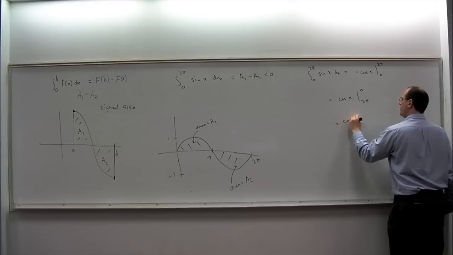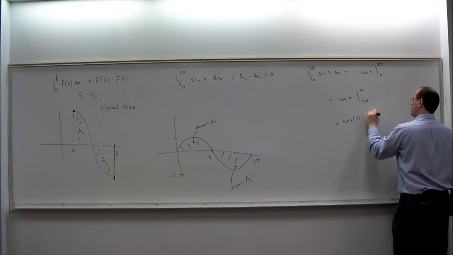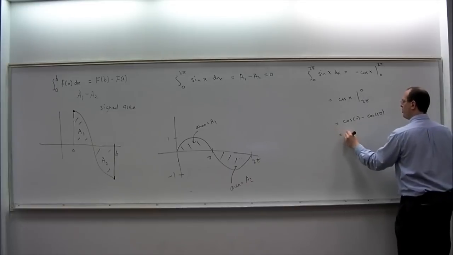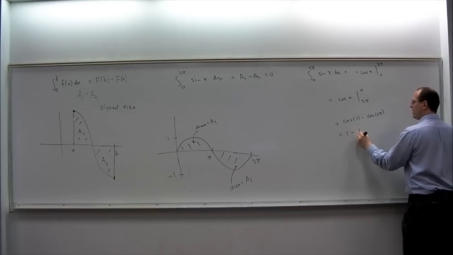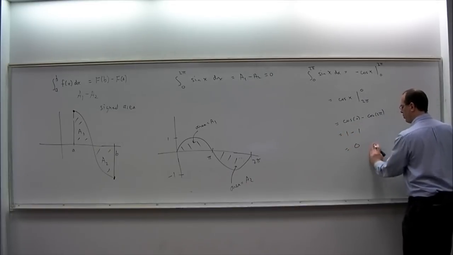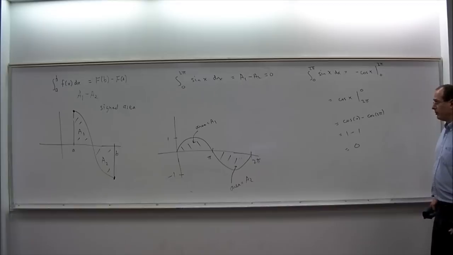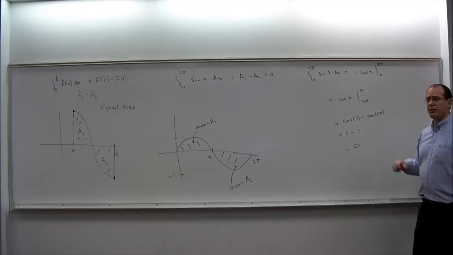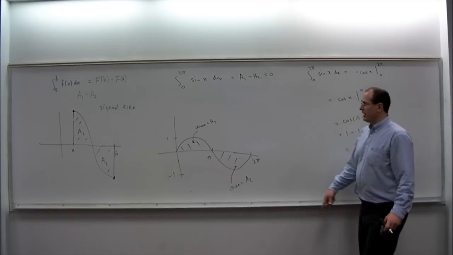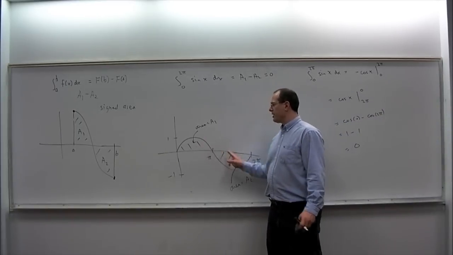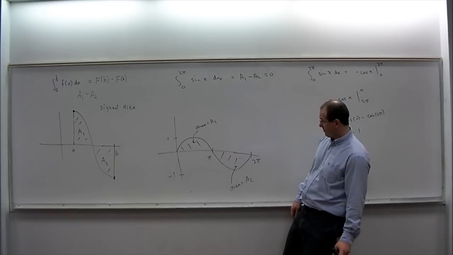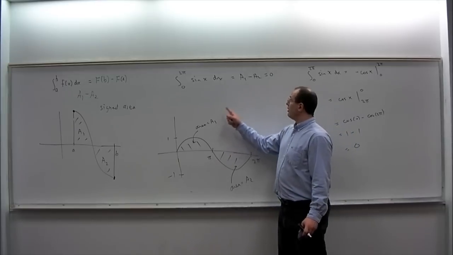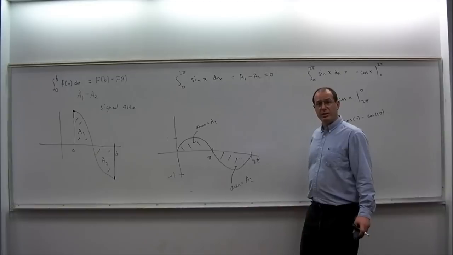So cosine of 0 minus cosine of 2 pi. The cosine of 0 is 1. The cosine of 2 pi is 1. 1 minus 1 is 0. So the integral from 0 to 2 pi of sine x dx is 0. It's the signed area, and since these two regions are exactly the same size, the integral should be 0.